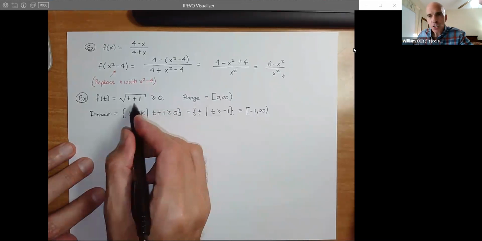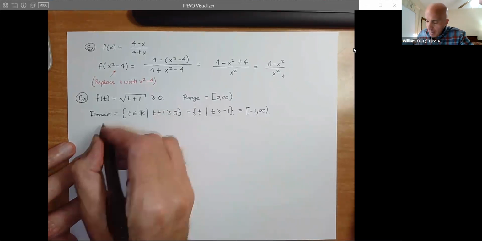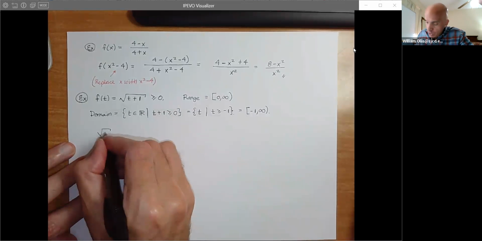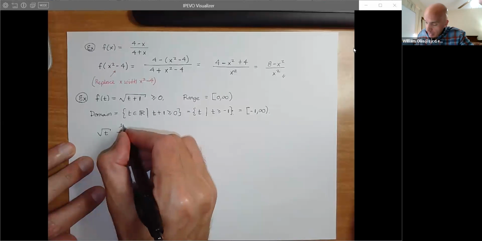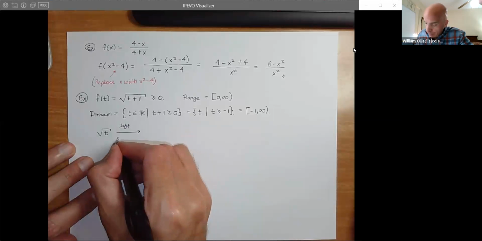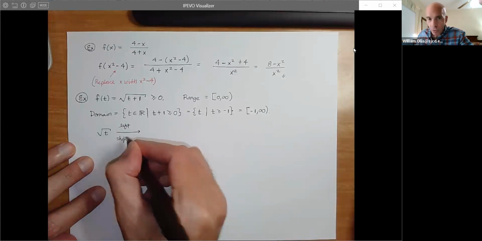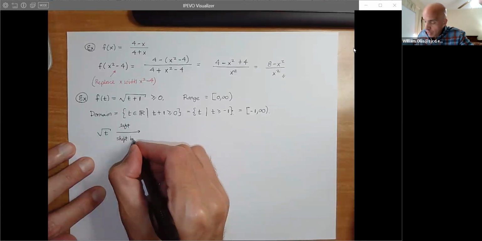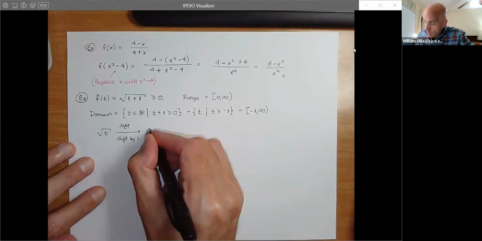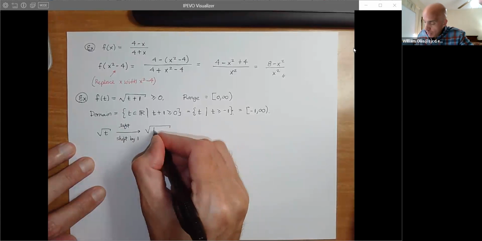That's a function transformation. So basically, we think, okay, if we start with t, square root, we do a left shift. This is just a little review of what we'll talk about more next lecture. Left shift by 1. So that means we replace t with t plus 1.